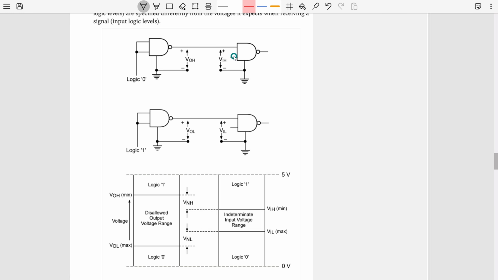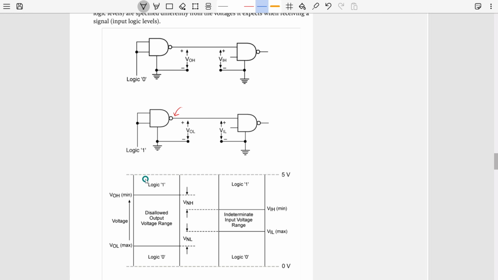If we first look at the output of this particular gate, here is how we represent this logic level: we take the highest possible voltage and the lowest possible voltage, which is probably 5 volt and 0 volt.